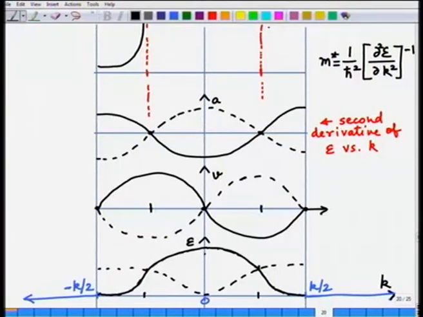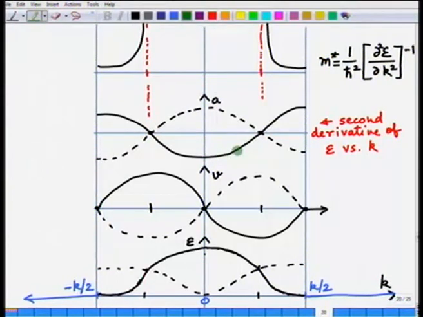Similarly, it should happen on this side also: it is decreasing along this side, therefore the inverse of it must be increasing. But what about here? As I approach from here to here on the solid line, this second derivative is increasing.